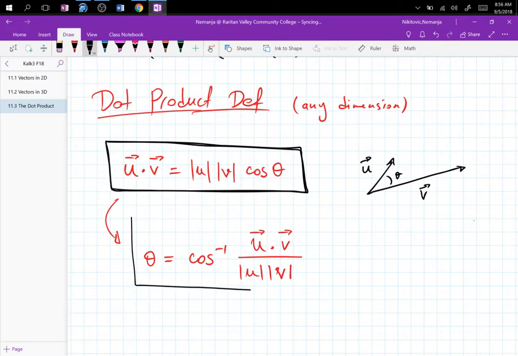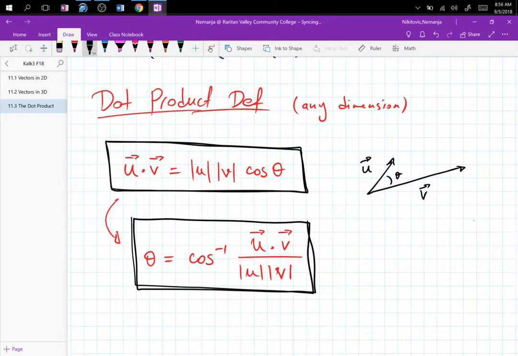So now this formula calculates the angle between two vectors.